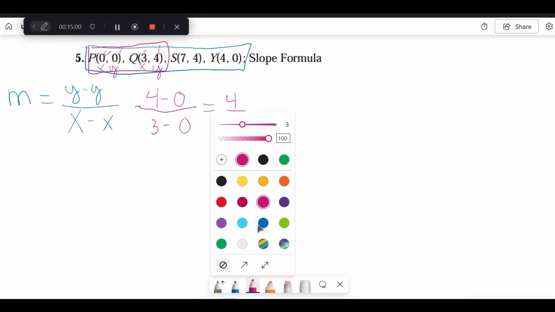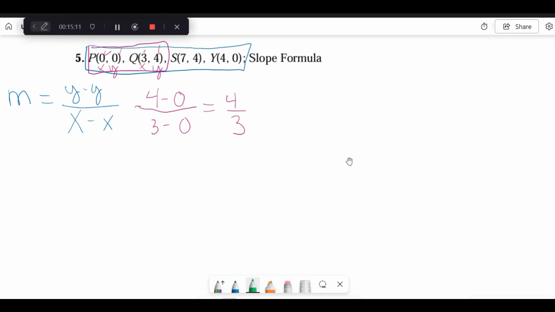And then I would do it with the other 2 points here. I'll get another color for this. I think if I increase the thickness, that might be good too. Might make it a little more visible. So here we go. So I'm going to go to these 2. This is my X, this is my Y, this is my X, this is my Y, right?